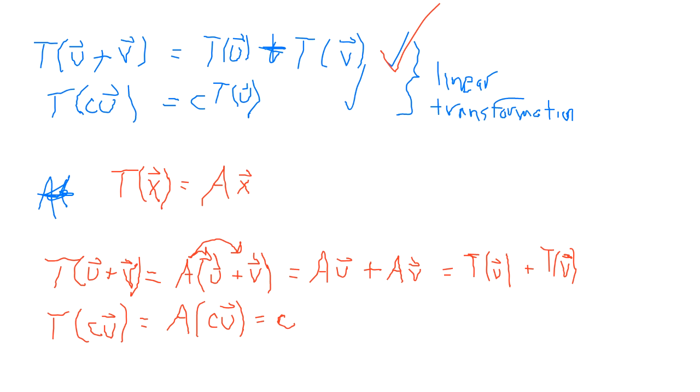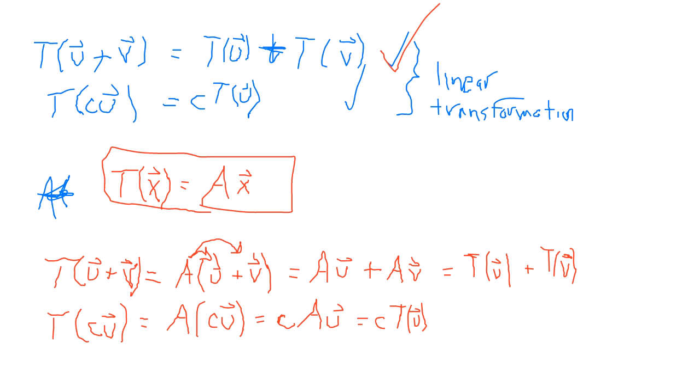A times a scalar C times U, where C is a scalar, so there's no vector symbol above it, is equal to C times A times U. That just equals C times the transformation of U, because A times U is the transformation of U. That's how it's defined here.